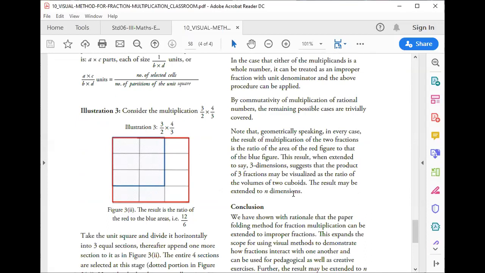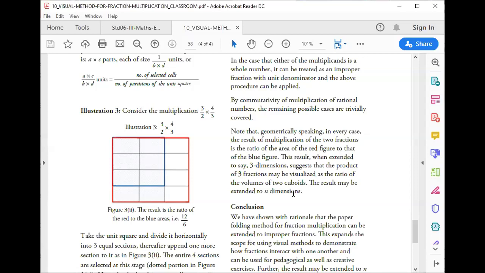That is very, very important, because otherwise, you remember, when you multiply whole numbers, other than multiplication with 0 and 1, things always increase. But when you multiply with fractions, things usually decrease if you are multiplying with proper fractions.